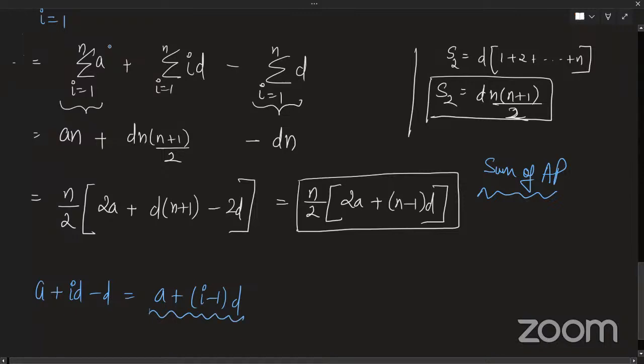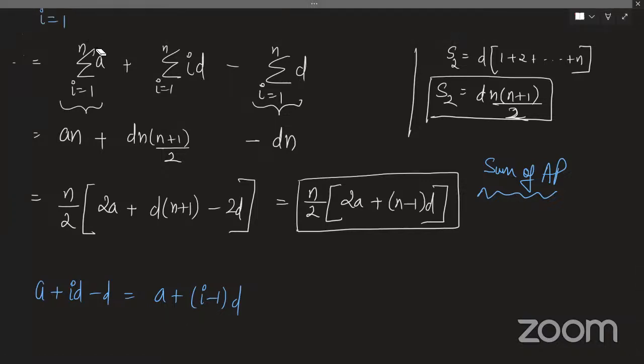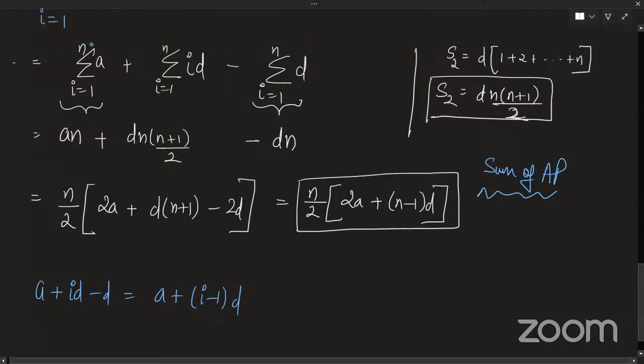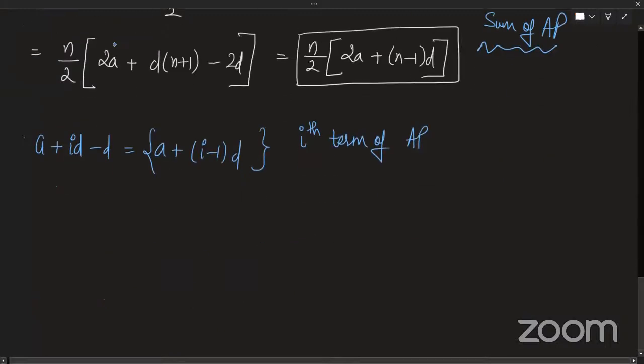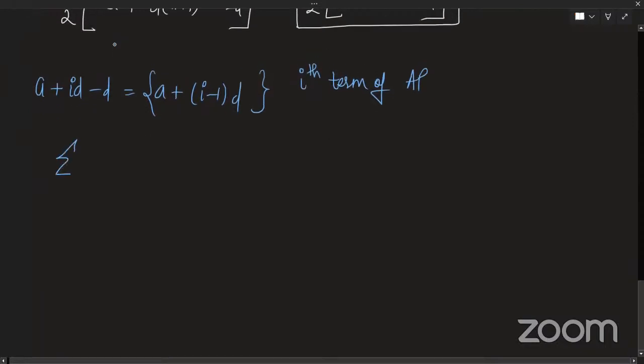It is the ith term of AP. So basically we have derived that sigma a i of AP is equal to Sn of AP.